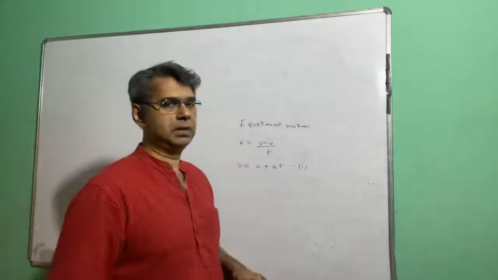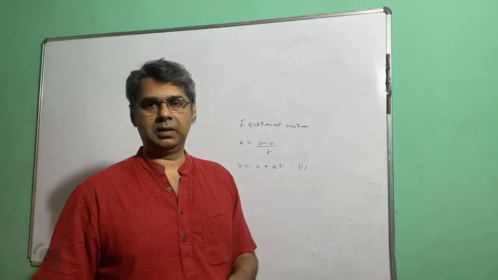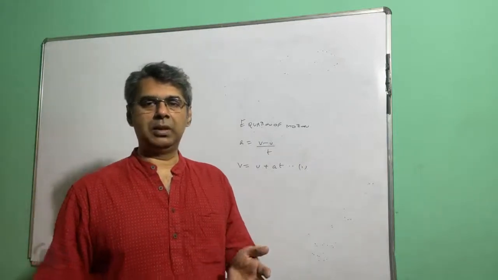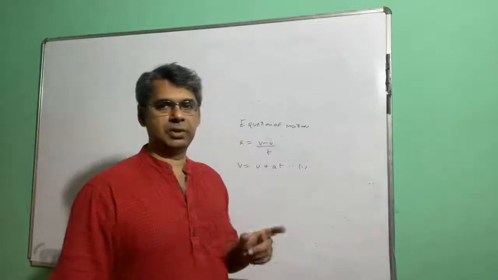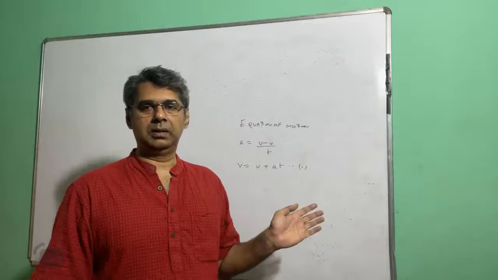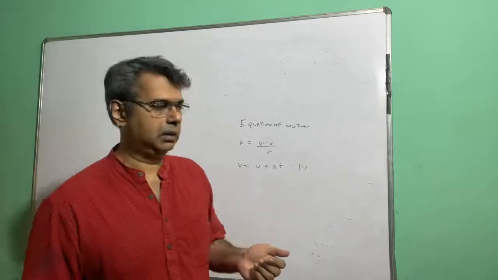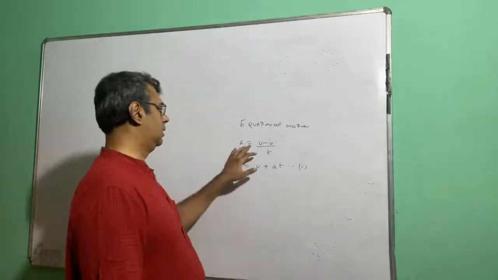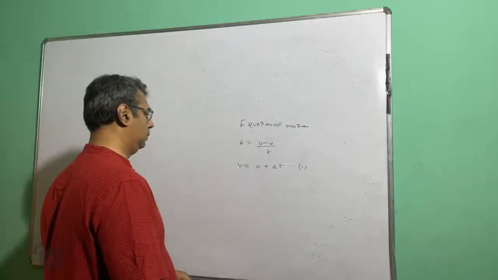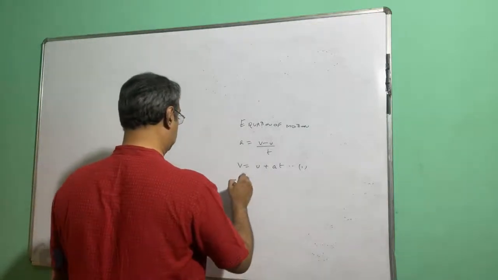Mind you, in this equation we are assuming that the acceleration is uniform. Actually, we have already derived this equation in the last session, but we derived it graphically, and today we are doing it algebraically. So v will be u plus at.